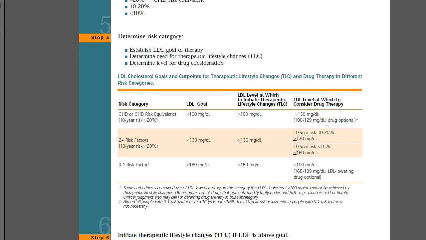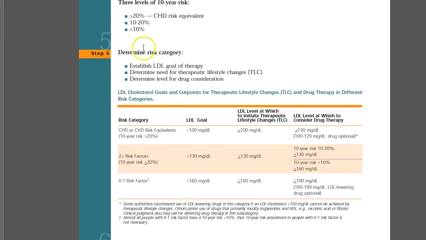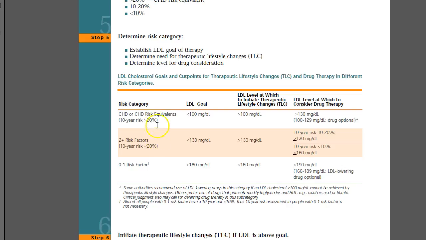So then you classify these folks in their risk category in terms of where they fall, greater than 20%, 10 to 20, or less than 10% risk, where their score is at. And then it talks about at what level you initiate therapeutic lifestyle changes, which are lifestyle modifications: diet, exercise, weight loss.